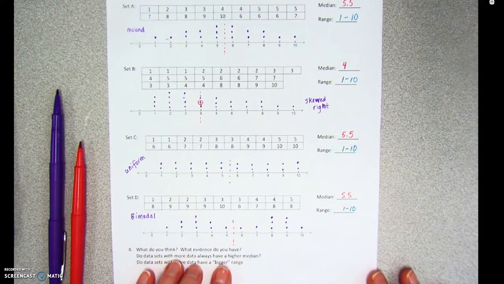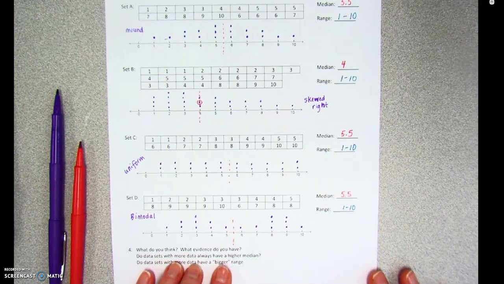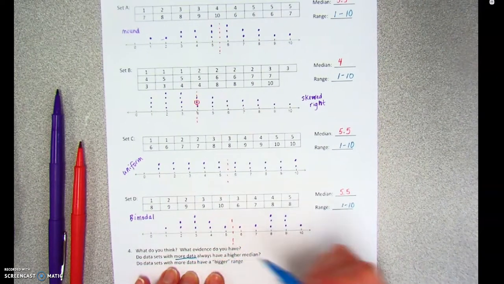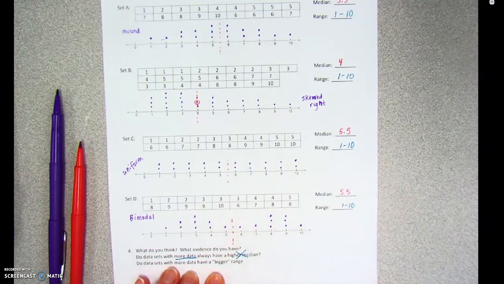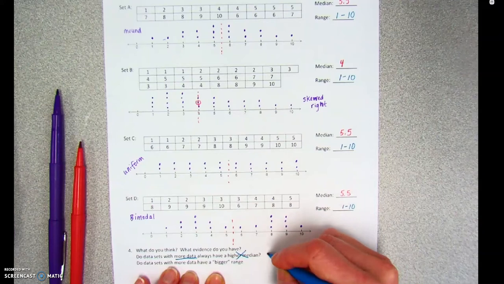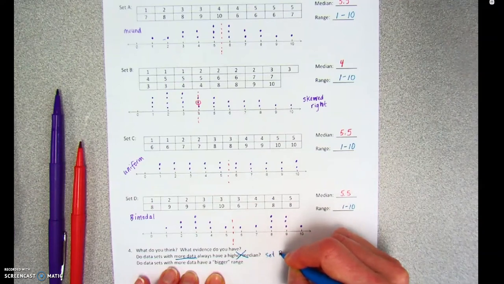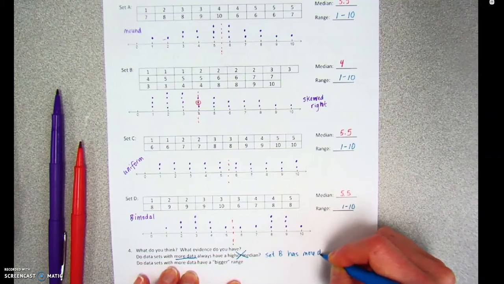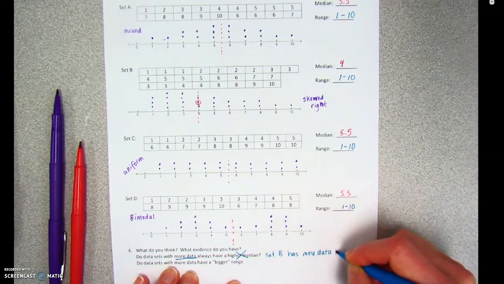So the question down here says, do data sets with more data always have a higher median? Well, more data does not mean a higher median. This one has more data, but has a lower median. Set B has more, but a lower median.